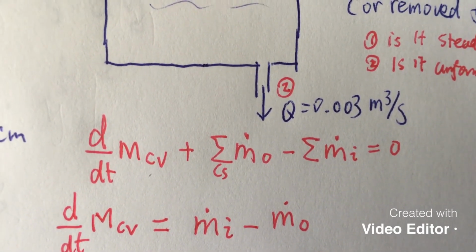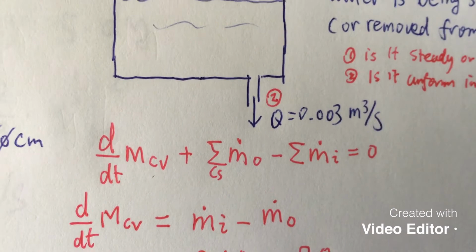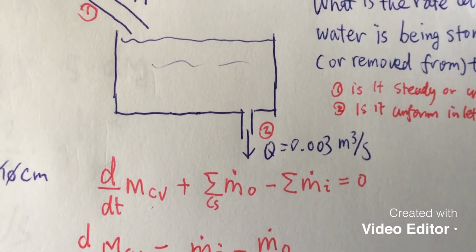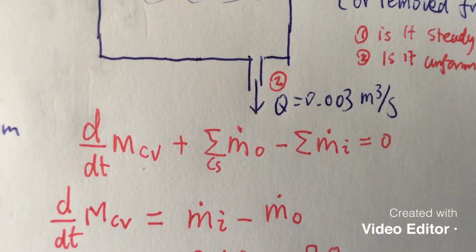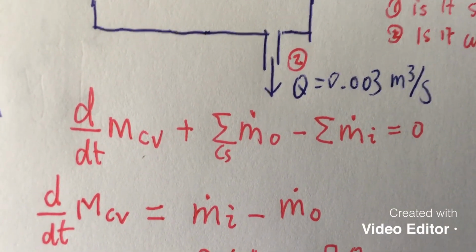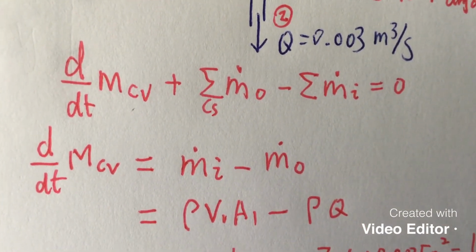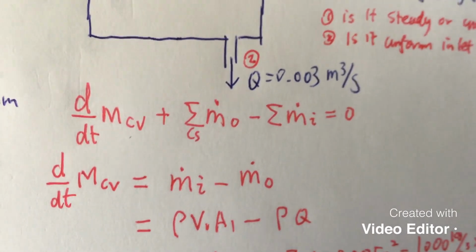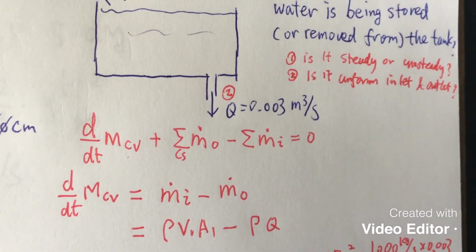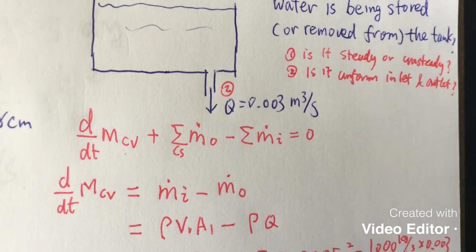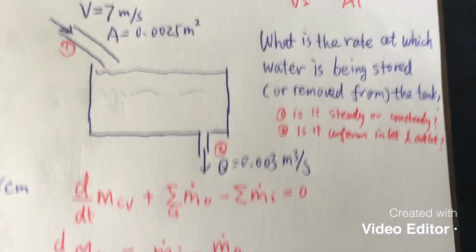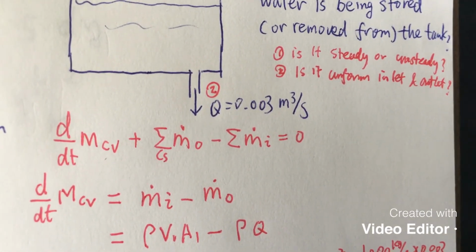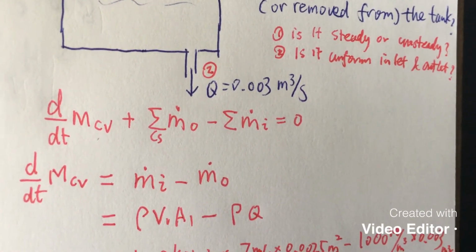We get rid of the summation because there's only one inlet and one outlet. So we reduce the equation into this. The next step is to calculate the mass flow rate at the inlet and at the outlet. Inlet equals rho v1 A1, it's given. Outlet mass flow rate is rho Q, it's all given.